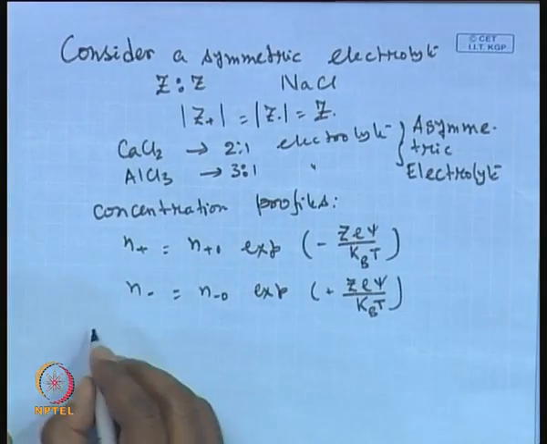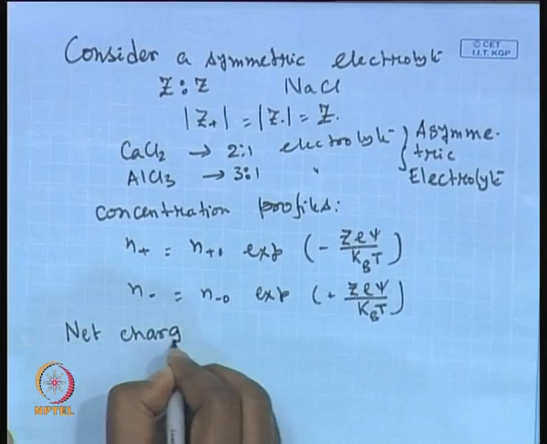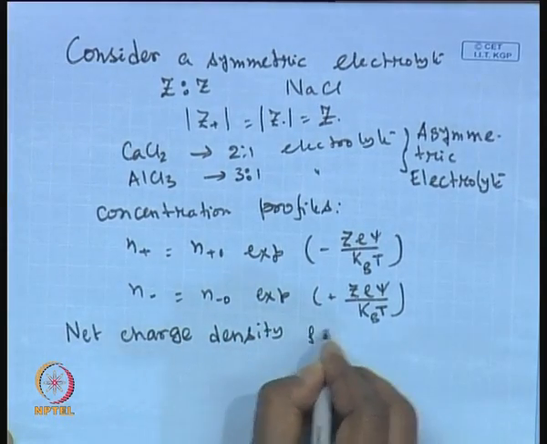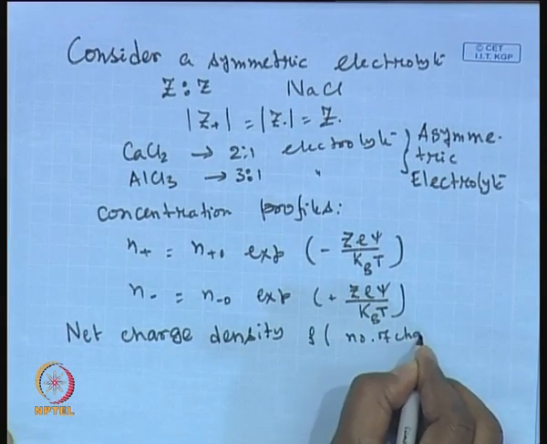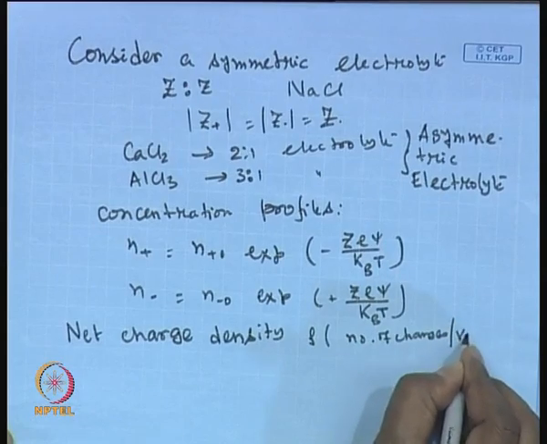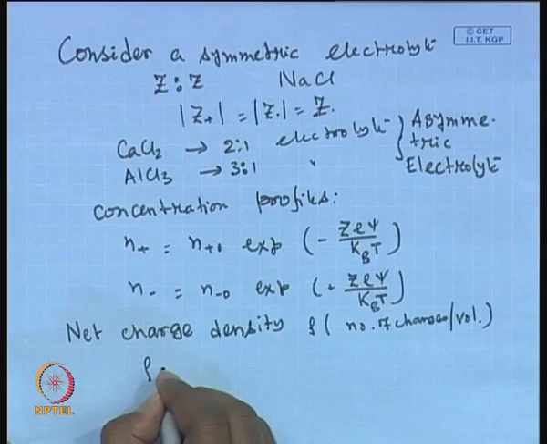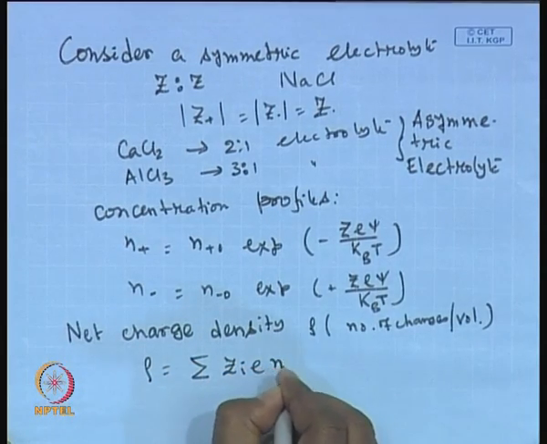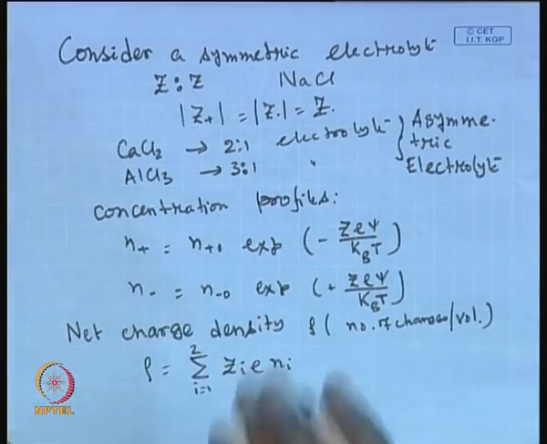Okay. And net charge density is defined as rho. So, it is the number of charges per unit volume of the solution. It is defined as rho is nothing but summation of Zi e Ni, where i is equal to 1 to 2 or 1 to 3 or whatever.